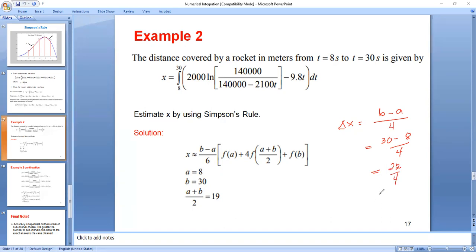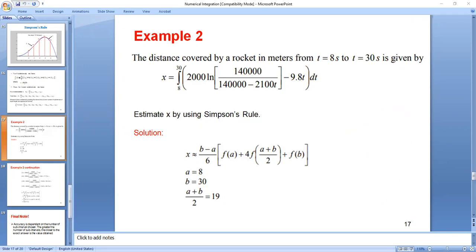So the delta x in this case would be 11 over 2. I was not able to specify the number of divisions from the source. Probably in this case this is just division by 2 because you only get to see a 4.